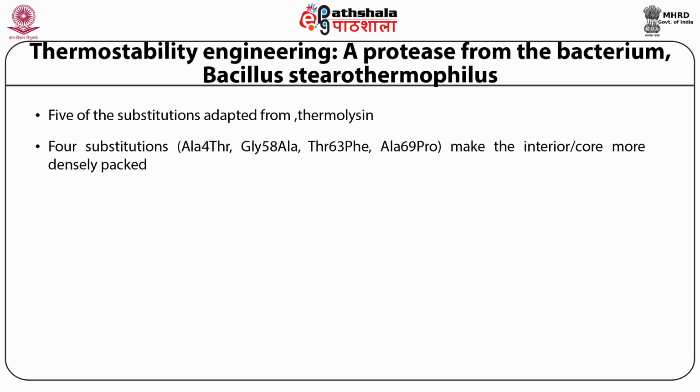As we can see, these substitutions make the interior or core of the protein more densely packed and more hydrophobic in nature. That is also a characteristic of thermostable enzymes.